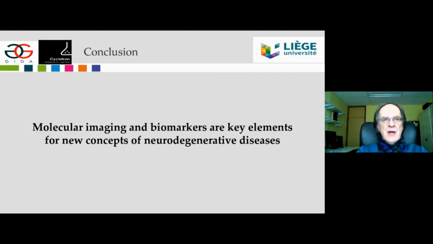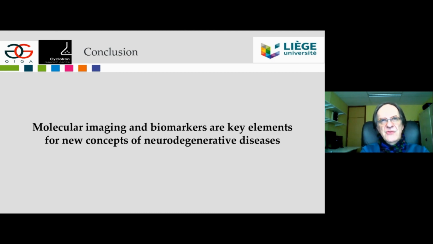So I will conclude these different lectures by telling you that molecular imaging and biomarkers are becoming more and more important to demonstrate the pathology of a lot of diseases. If you understand the pathology, try to find with multimodal and multiple markers the sequence of events.